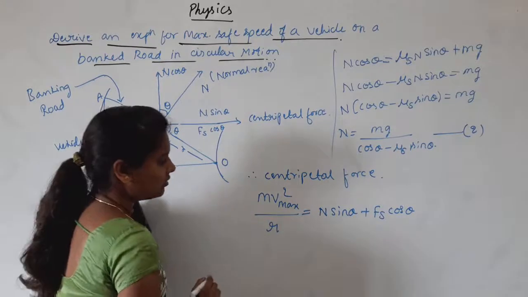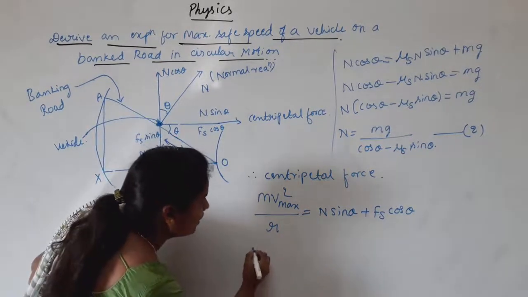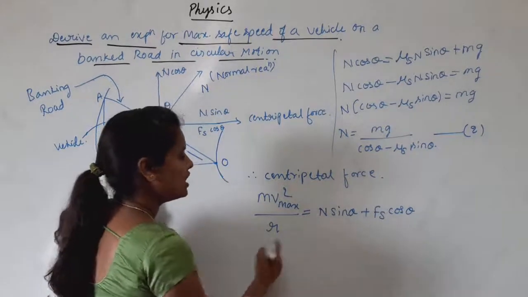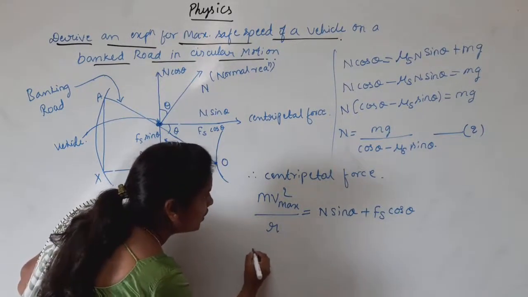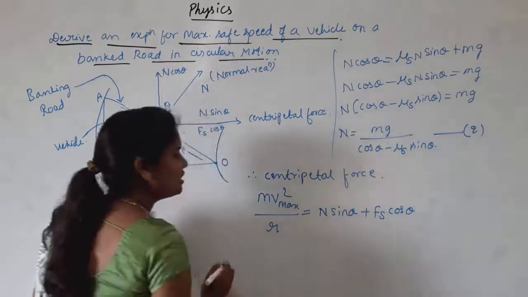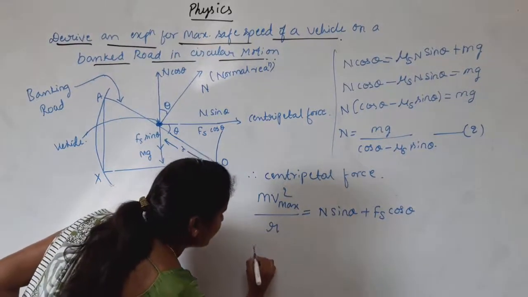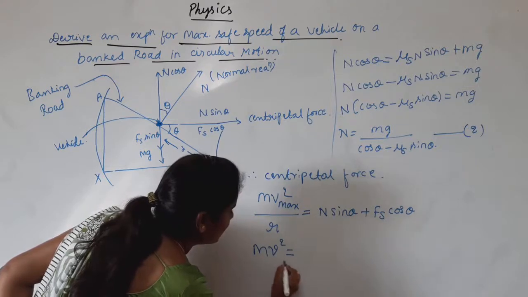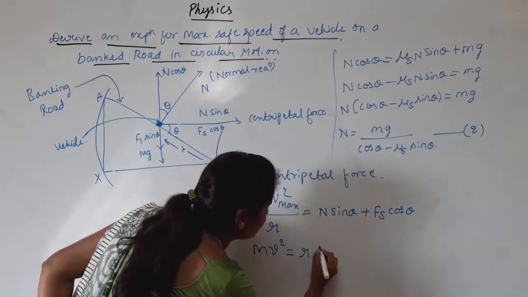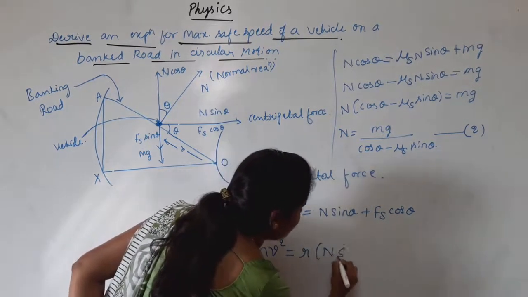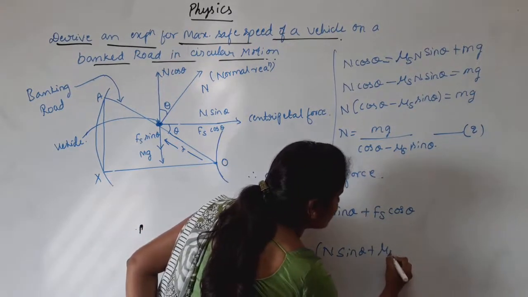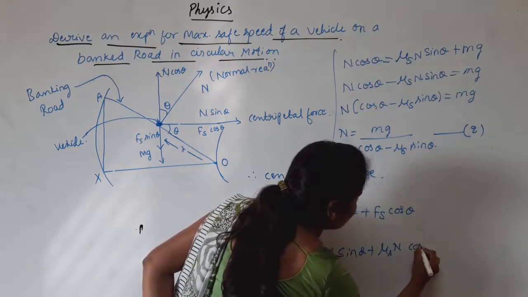Now substitute the value of n and the value of Fs into this equation. m v square divided by r equals n sin theta plus mu s n cos theta.